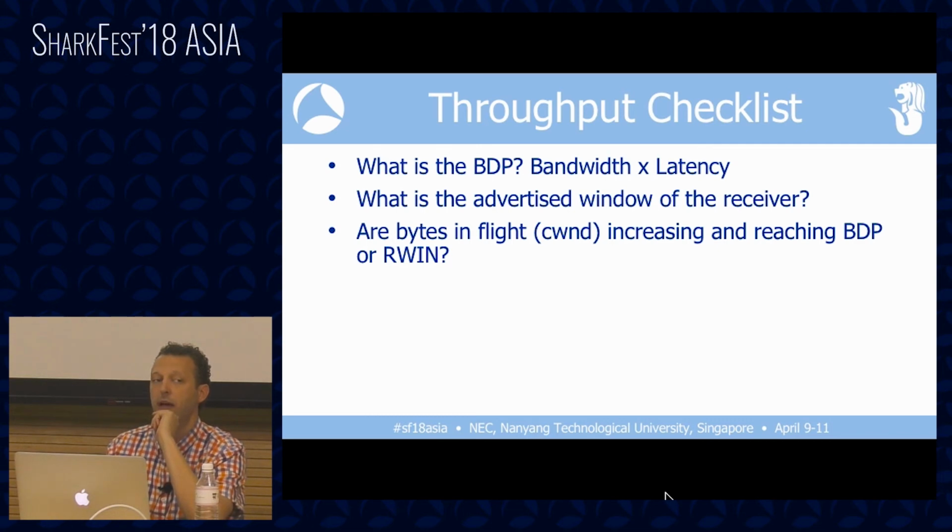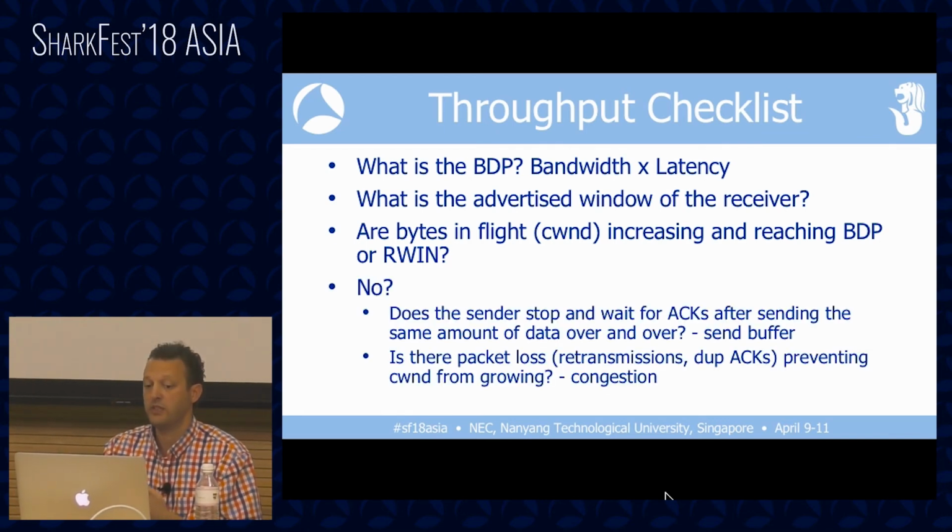So, are the bytes in flight, which is a representation of the congestion window, increasing with each round trip? And is it going towards BDP or the receive window? Is that happening? If it's not, does the sender stop and wait for ACKs after sending the same amount of data over and over and over, as we just saw in that capture?